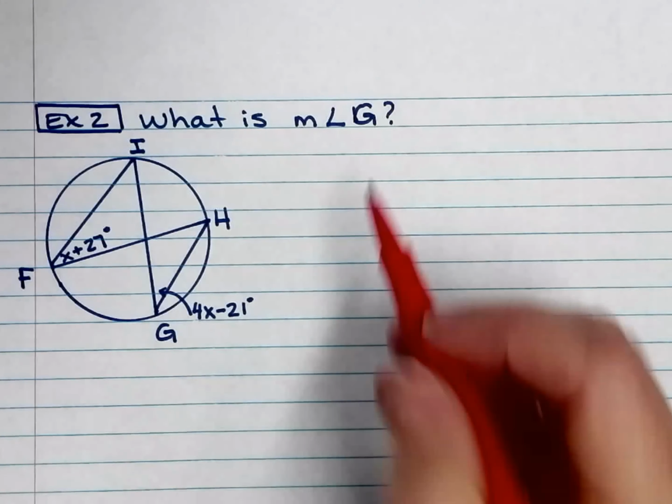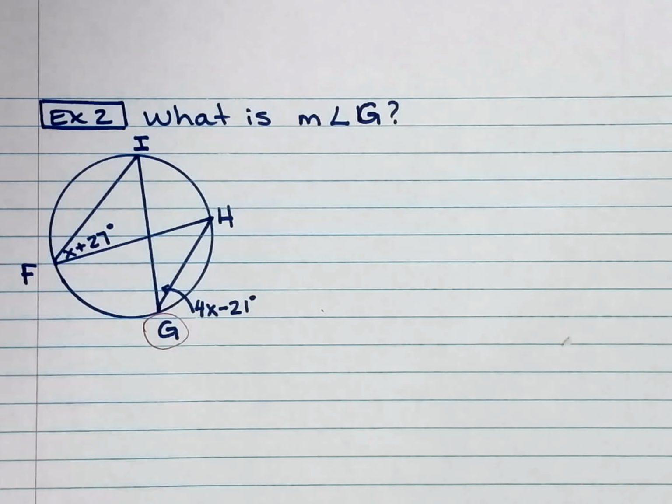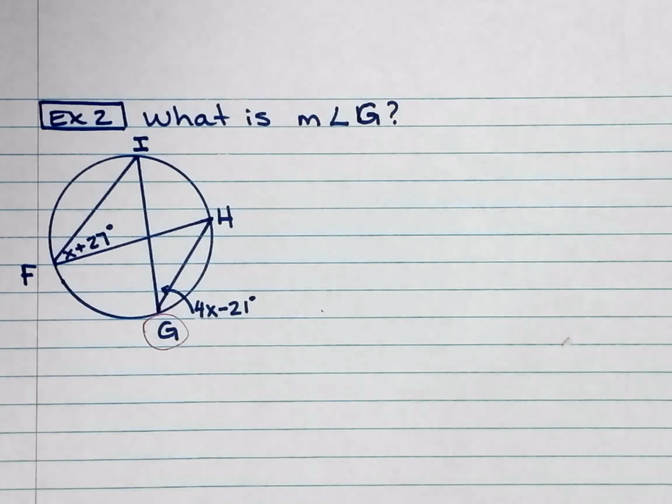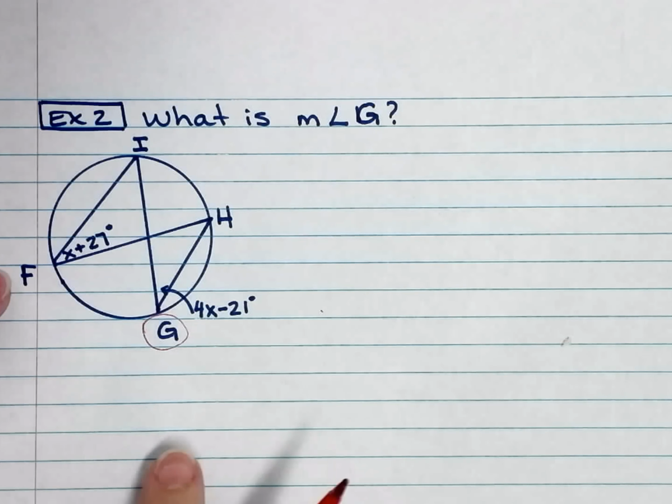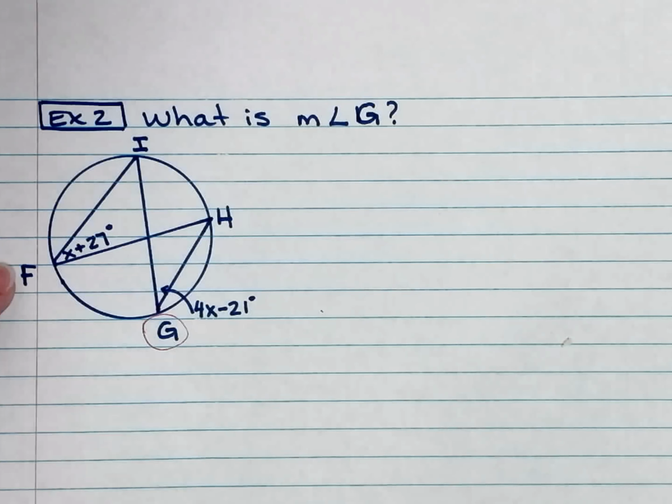Example 2: I'm again looking for the measure of angle G, but angle G is right there this time. Now I know that because angle F right there, let me highlight it for you.